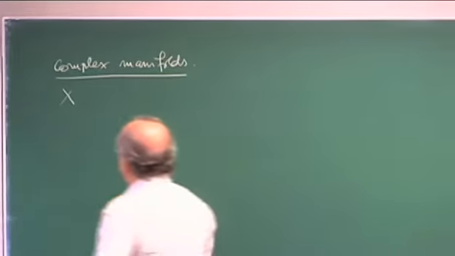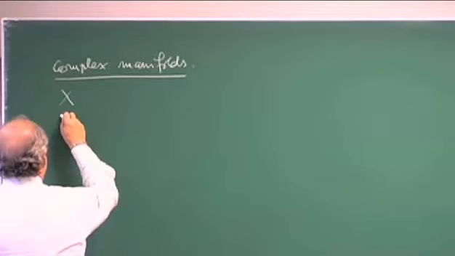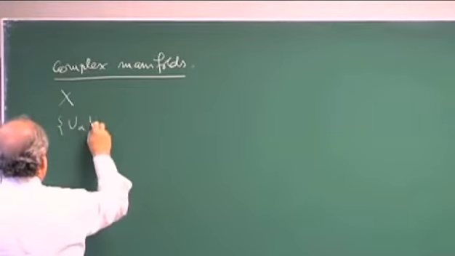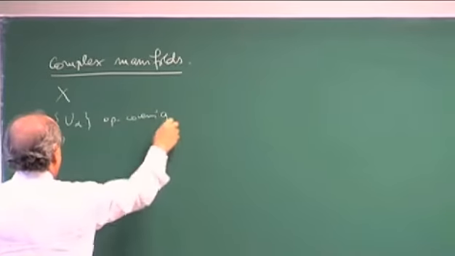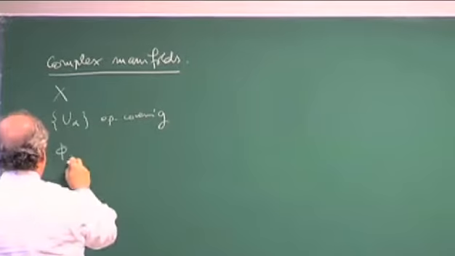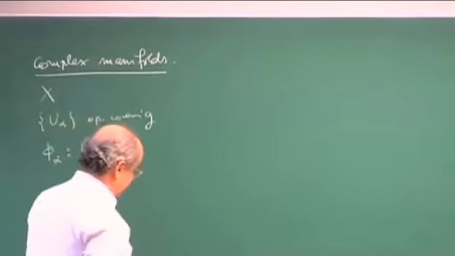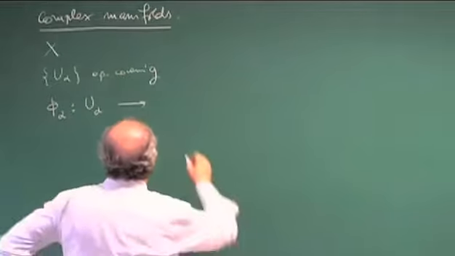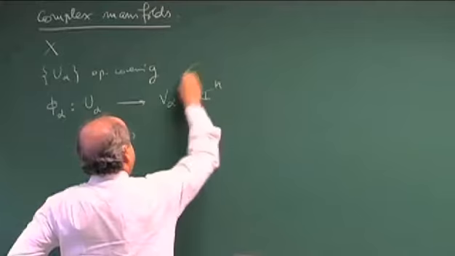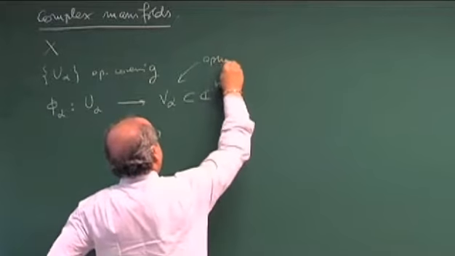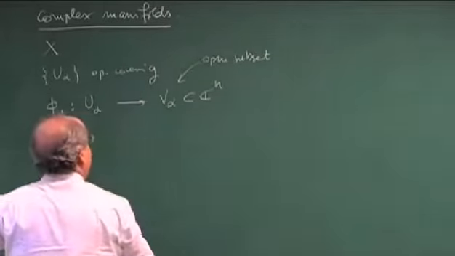And then we assume that this is covered by some open covering, and we have some homeomorphisms of these open sets with either C^n or perhaps open subsets in C^n. And then we consider the so-called transition functions.